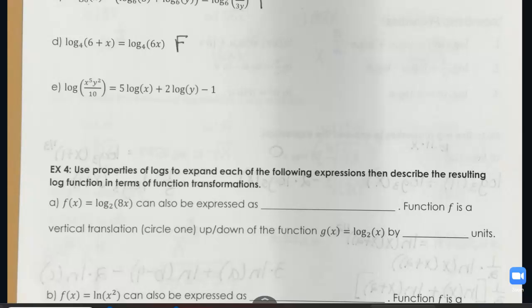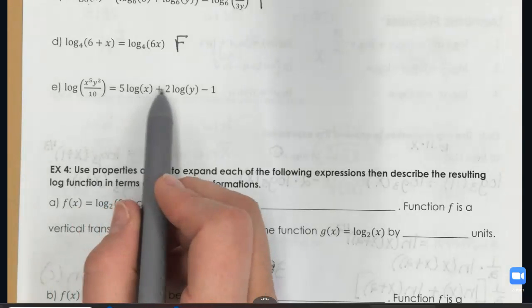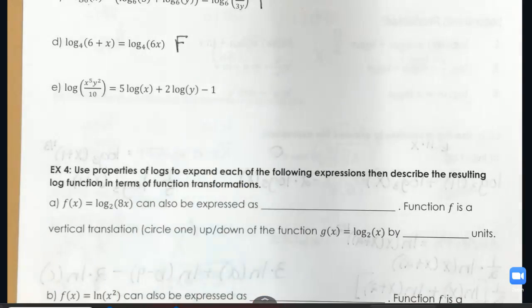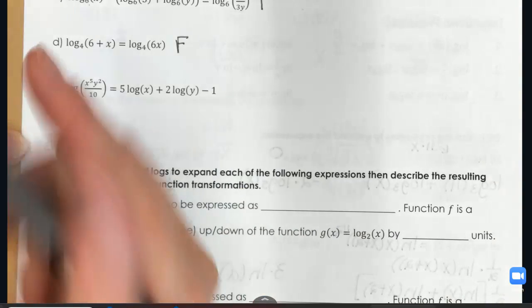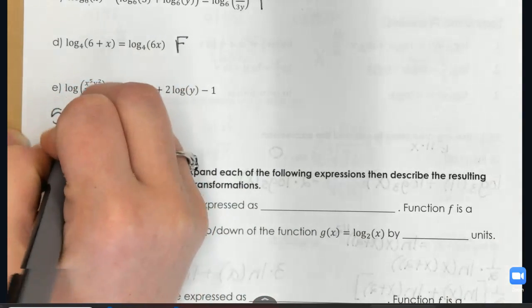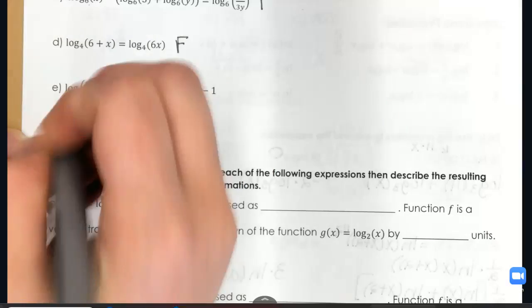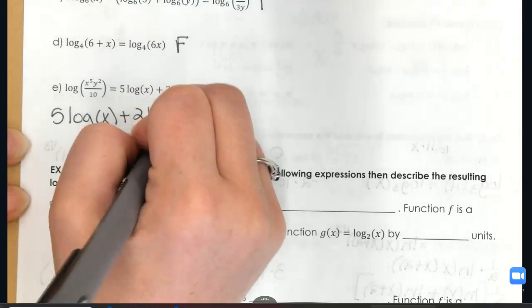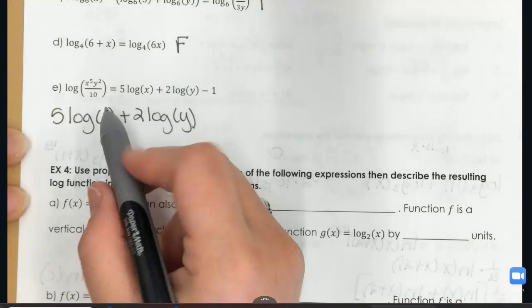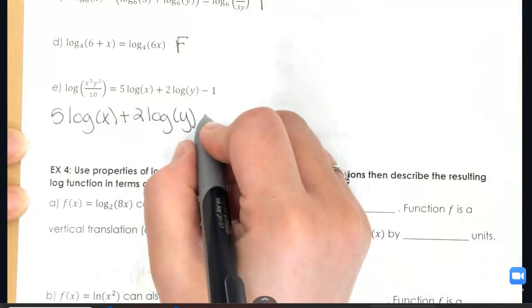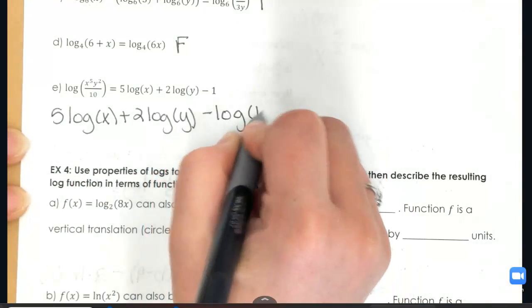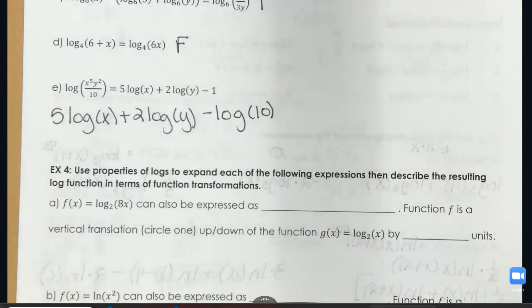And then the next one, at first glance, okay, they did 5, 2, but where did this 1 come from? Let's look at if I were to expand this out by hand. I would have 5 log of x, great, plus 2 log of y, great. And then that 10 in the denominator would tell me that I could subtract log of 10. Now, what is log of 10?